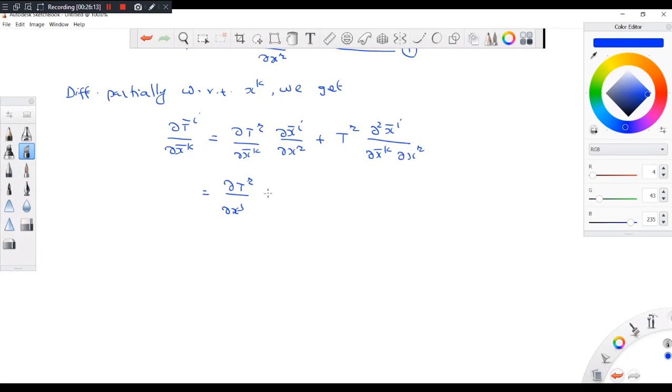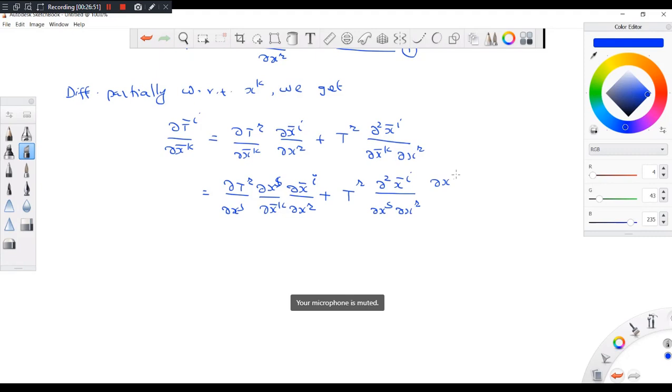Then this is s, del x bar i by del xr, plus Tr into, here what I do is del square x bar i by del xr del xs into del xs by del x bar k.